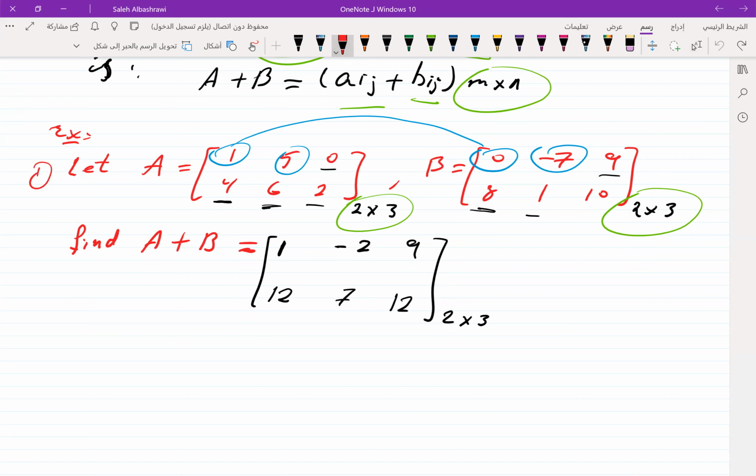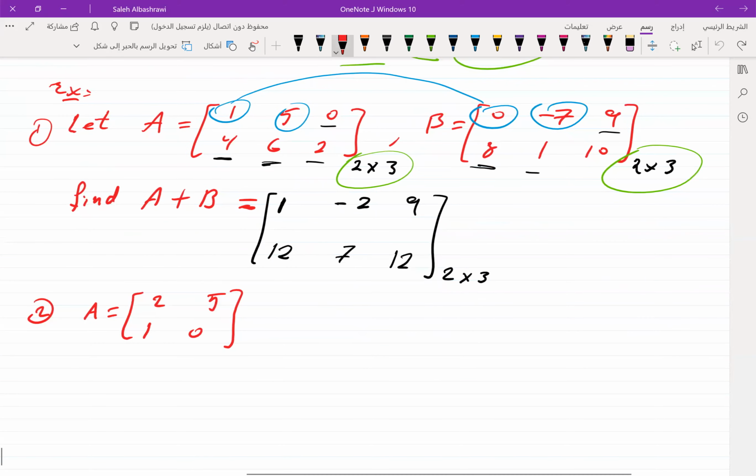Another one. That we have these two matrices. A is 2, 5, 1, 0, which is size 2 by 2.